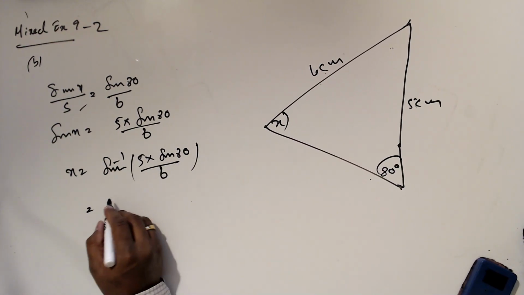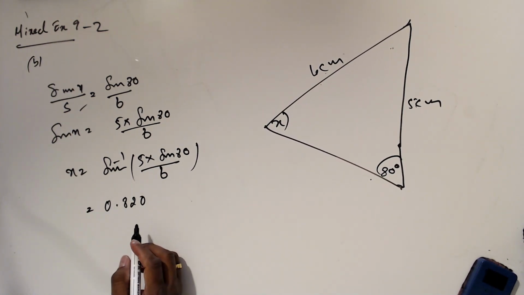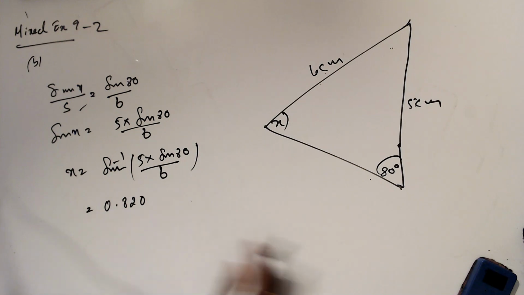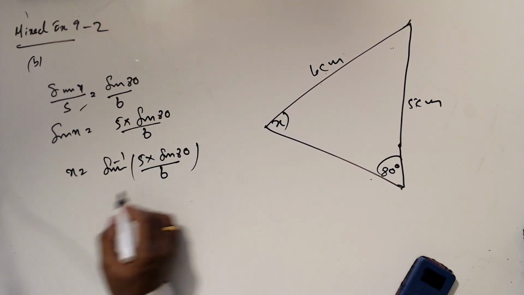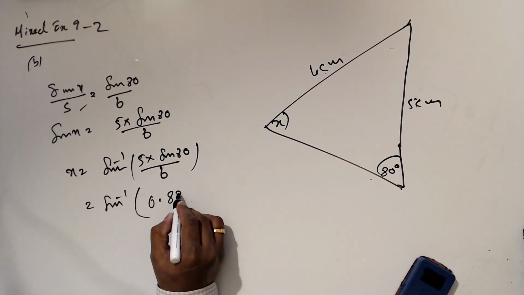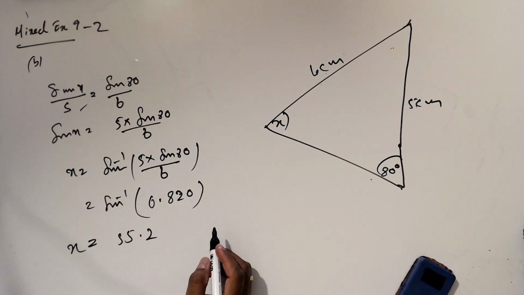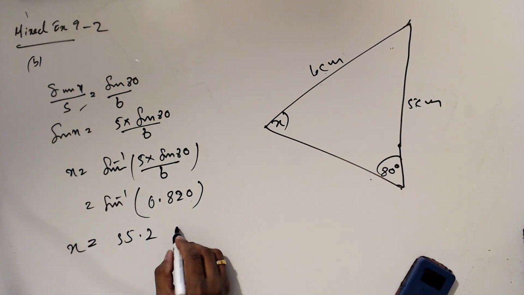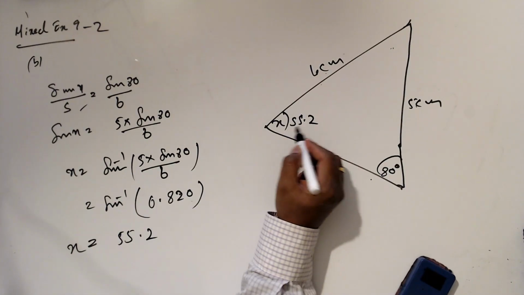From the calculator you will get answer 0.820, sine inverse 0.820, and x equal 55.2 to 3 significant figures. So x equal 55.2 and it is accurate.